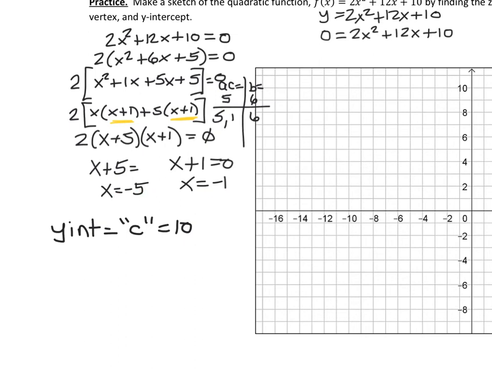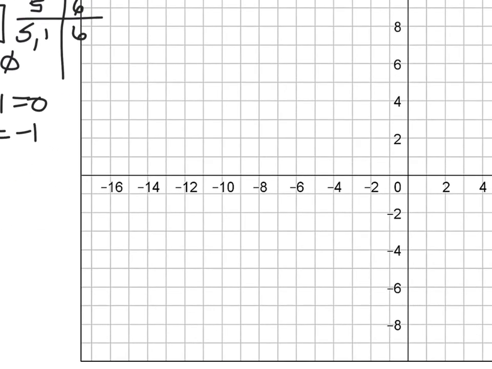So if we graph those points over here, negative 5 and negative 1, hopefully you can see that our graph is going to be symmetrical right along x equals negative 3. And it is upward facing because our leading coefficient is a positive 2. So our vertex is somewhere here along this green dashed line that I just drew, because the vertex is in the middle.